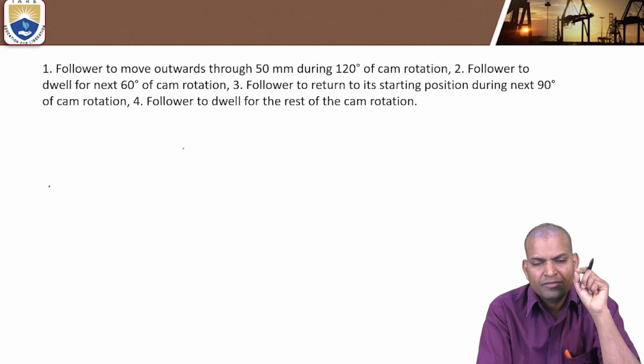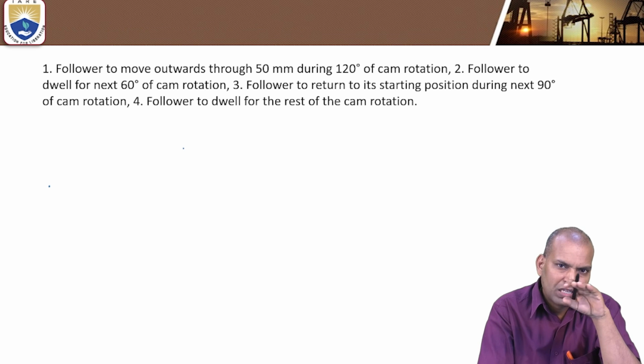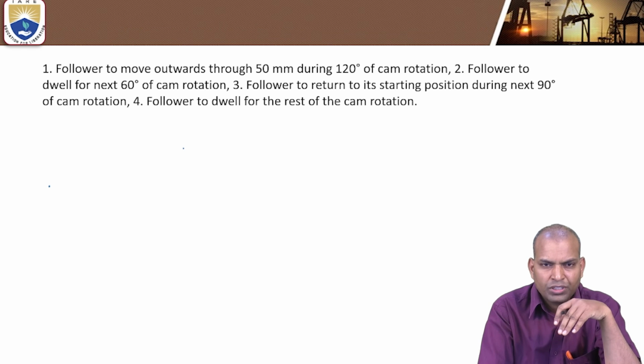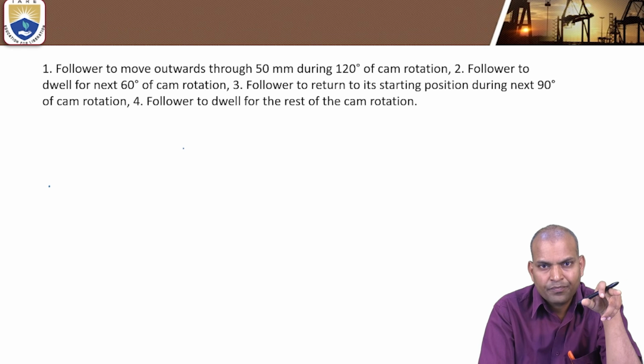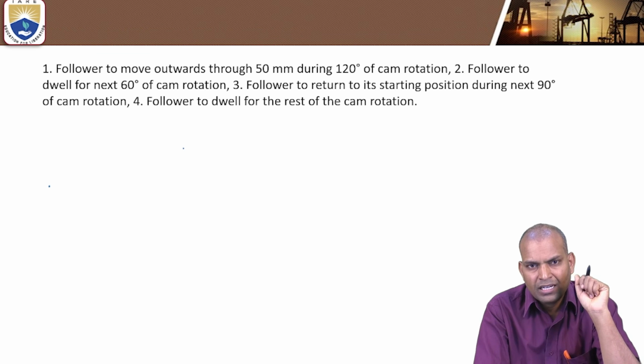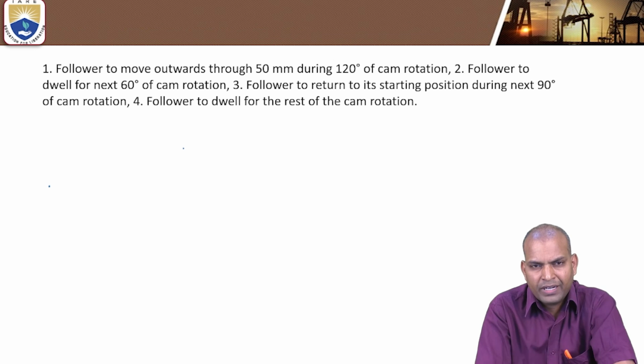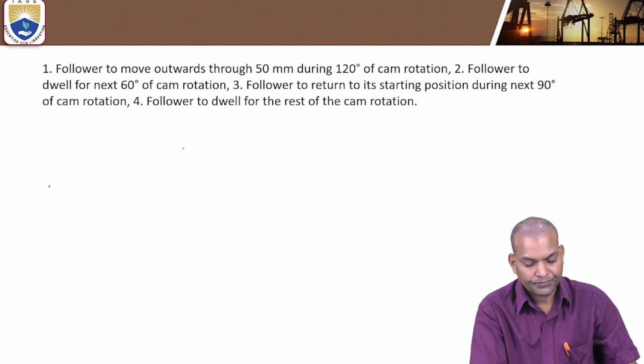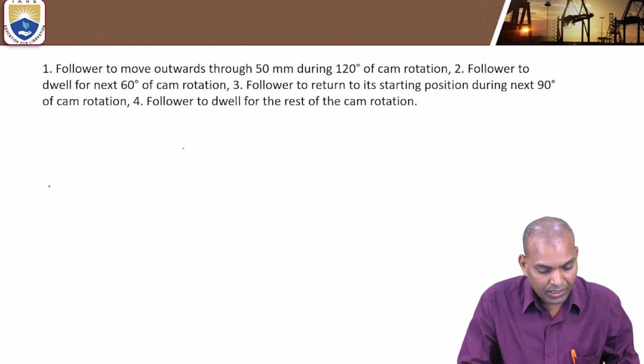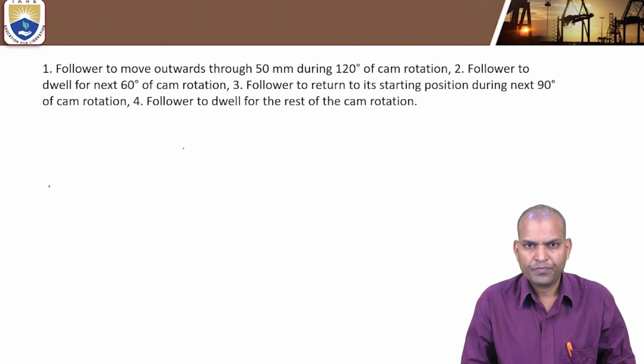And we have to draw a curve touching the surface of the roller followers, not the centers. Like that, depending upon various conditions, different designs of cam profiles come. This is one type of drawing the cam profiles.